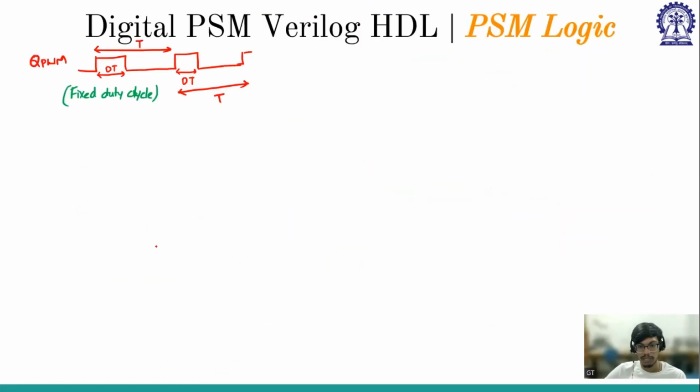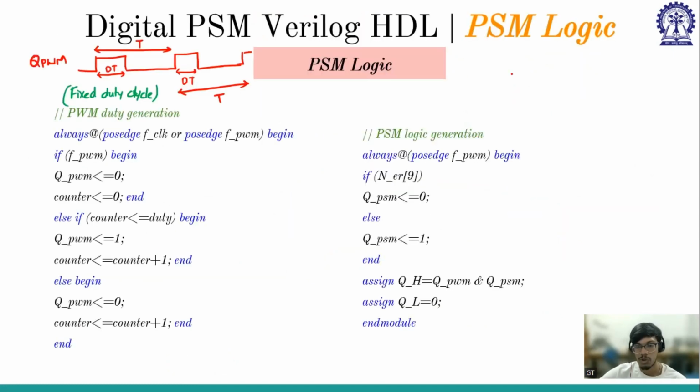So coming to the PSM logic. An error is n reference minus n out, right? So an error can be either positive or negative.